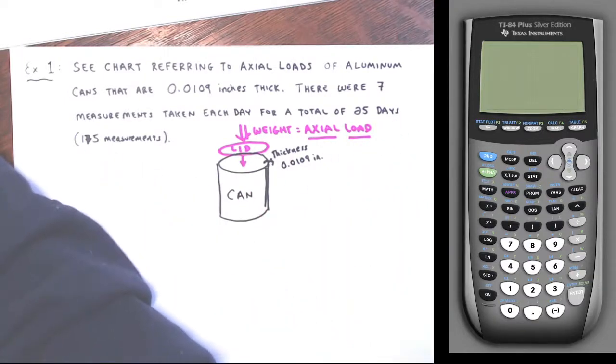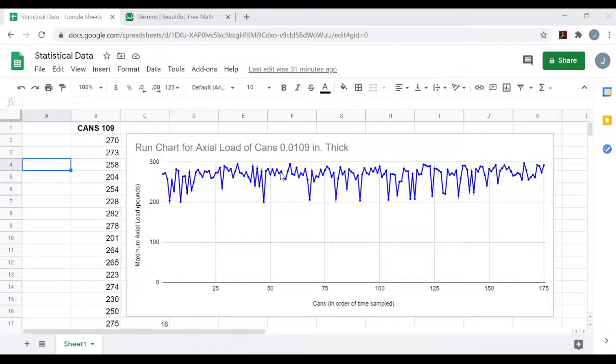All right, let's look at the run chart for this. All right, so here it is. Here's the run chart for axial load of cans that are 0.0109 inches thick. You see my vertical numbers here represent the maximum axial load in pounds, right? The maximum amount of force that these cans could take that I sampled before they got crushed. And then the cans in order of the time sampled, so can 1 up to can 175, right?